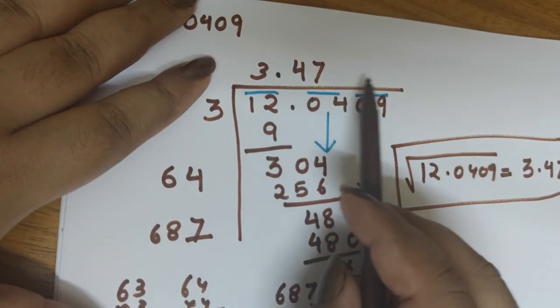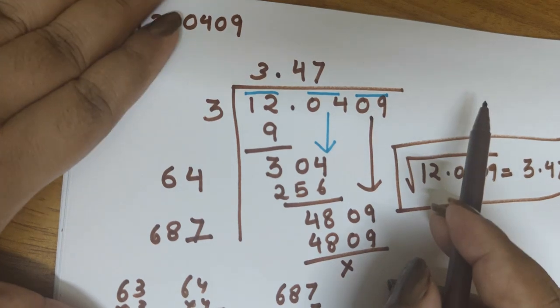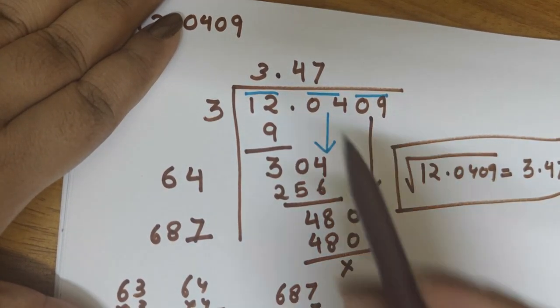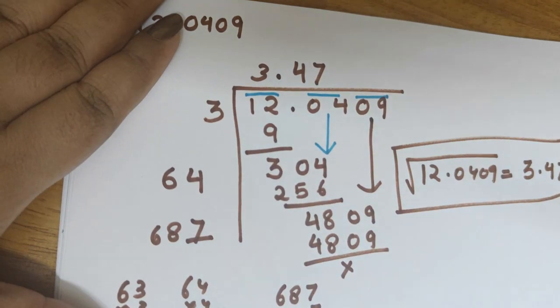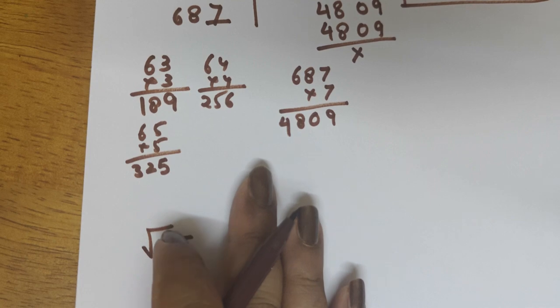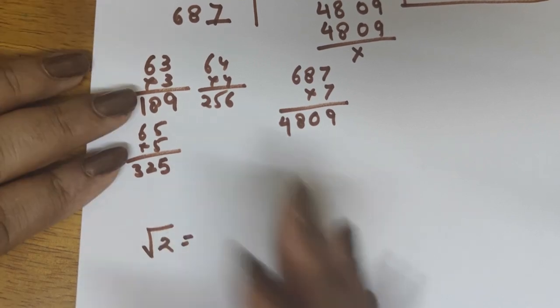whatever happens after 2 decimal digits, you don't have to continue solving the question, and you can just leave it once you get the 2 decimal digits. Okay, so let's just take an example.